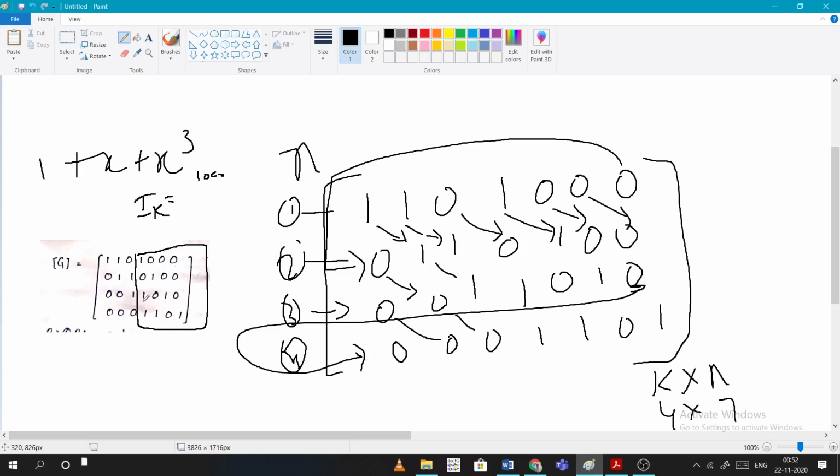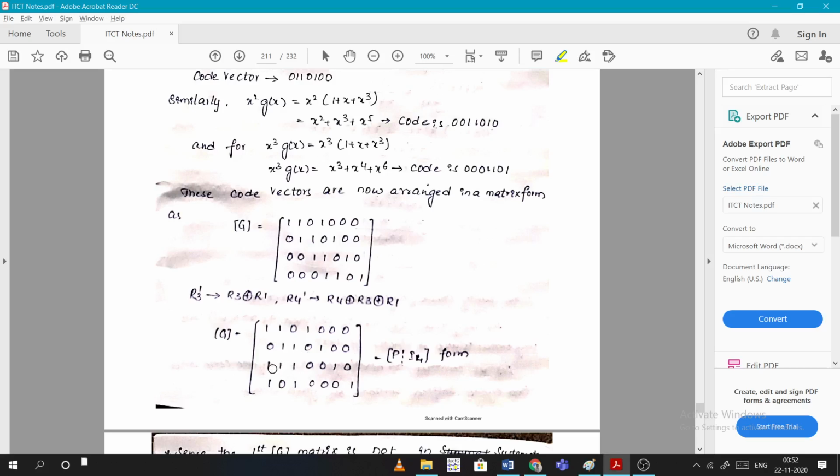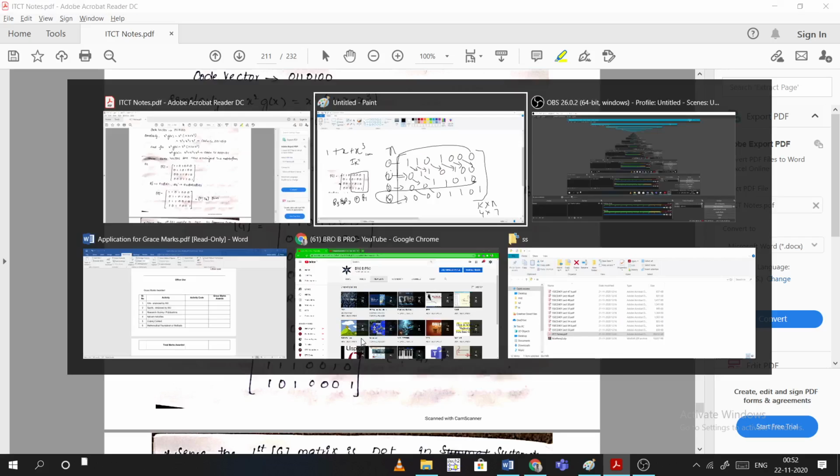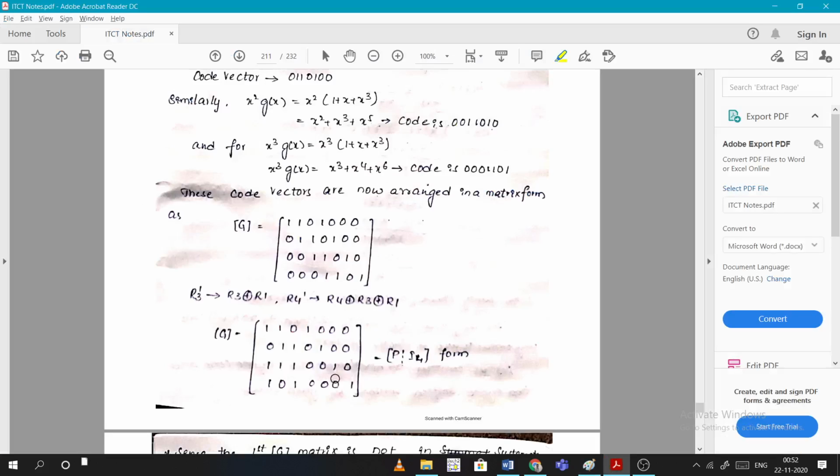So to get this term as 0, I will XOR the third row with the first row. That means third row equals third row XORed with first row. This is a row operation. When you do that, this row will become 1 1 0 0 1 0, a bitwise row operation, you understand, no? So this is also converted.